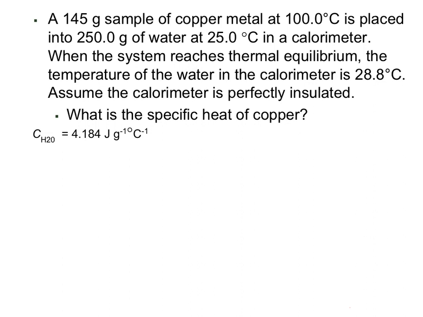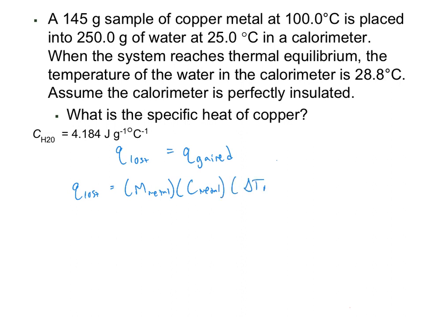And so, again, we can set up our relationship in which we know that our heat lost by the metal is going to equal our heat gained by the water. Our heat lost by the metal equals the mass of the metal times the specific heat of the metal times our temperature change of the metal.